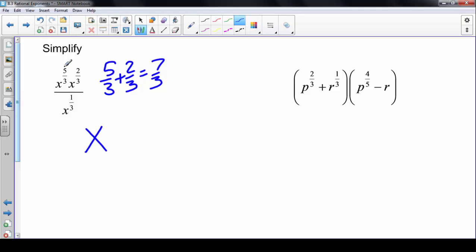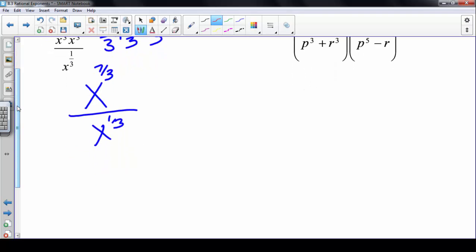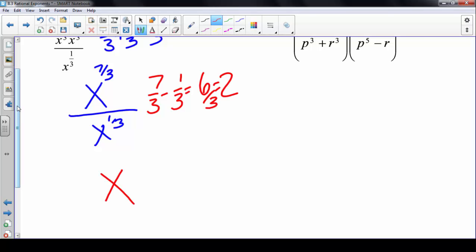So what we have is x to the 7/3 over x to the 1/3. And now remember, when we divide our bases, we want to subtract our exponents. So 7/3 minus 1/3 is 6/3, which reduces down to 2. So this whole thing reduces down to x squared.